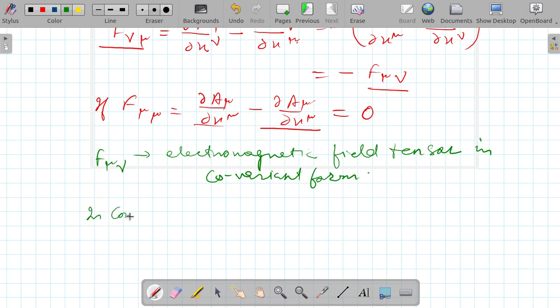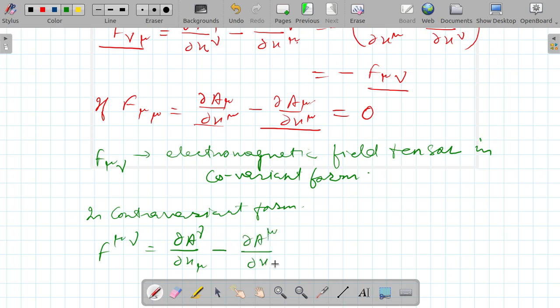So in contravariant form, this can be written as F mu nu is equal to curly A nu over curly x mu minus curly A mu over curly x nu. This is the contravariant form of the electromagnetic field tensor.